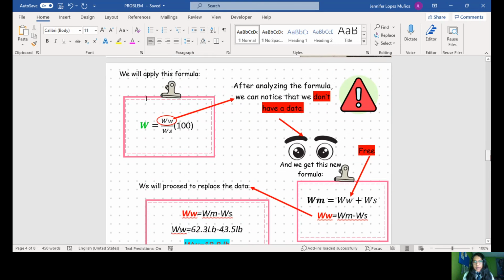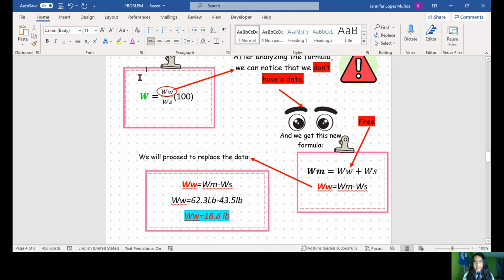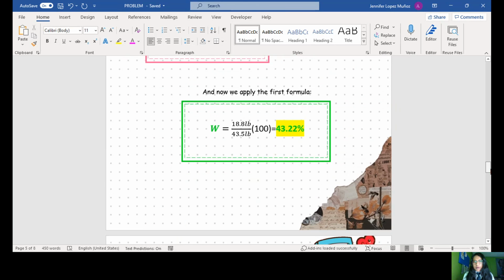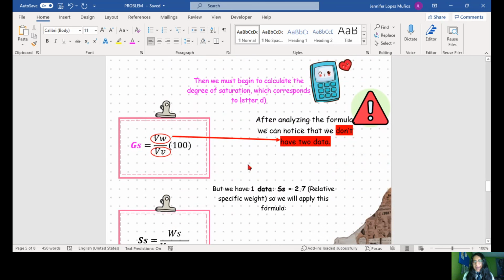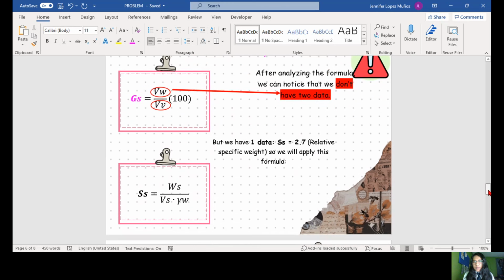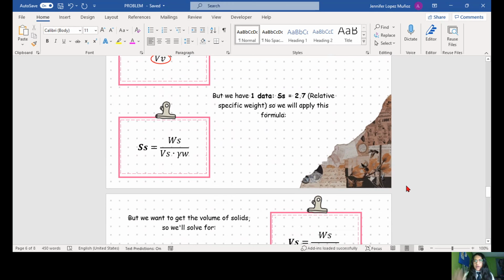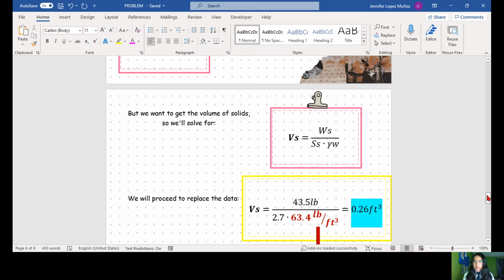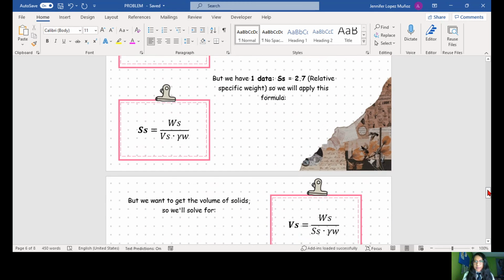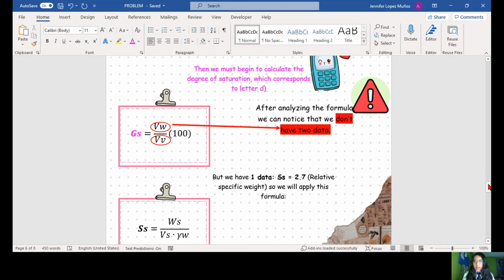For example, in this case I don't have one datum, or in this case I don't have two data, but applying the other formulas helps you.